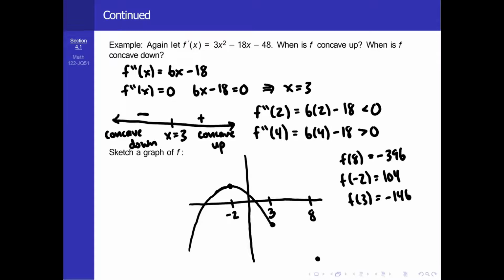And I know that concavity is going to change at x equals 3. And I know that f prime is 0 again at x equals 8. And now I'm increasing to the right of x equals 8. So the information that we ascertained from playing this game with the number line before and both of the derivatives allows us to graph our function, or at least give a pretty good sketch of what the function looks like.